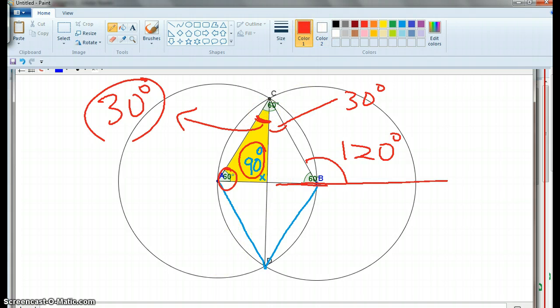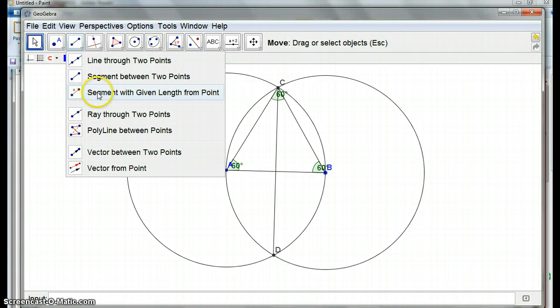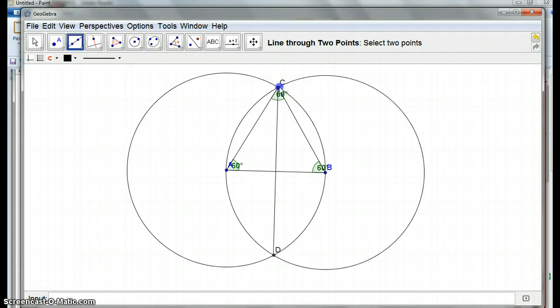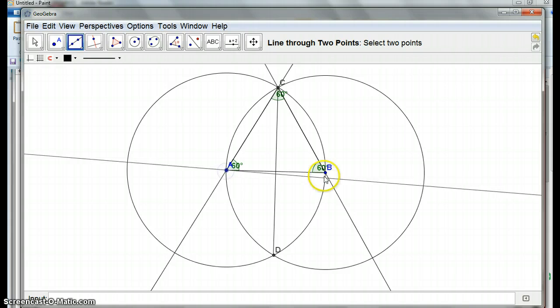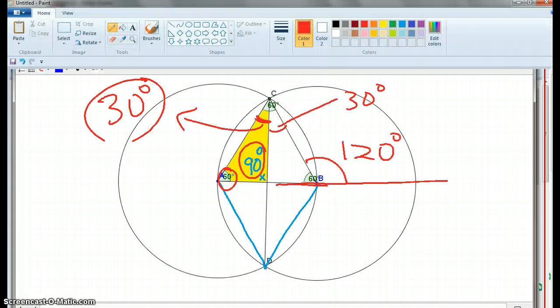If I go back to my little drawing, and this time I'm going to get lines instead of points, so I'm going to extend that, extend that, extend that, extend that, extend that. Okay. And back here.